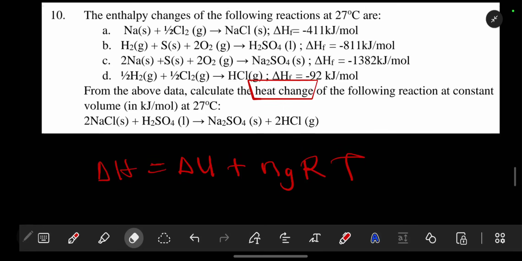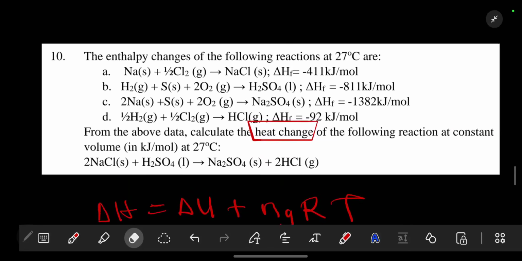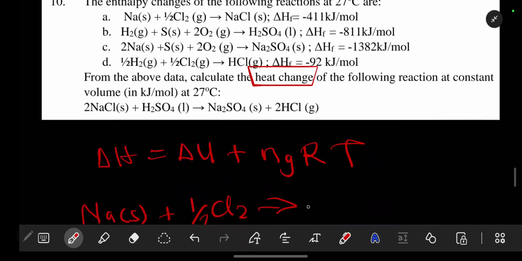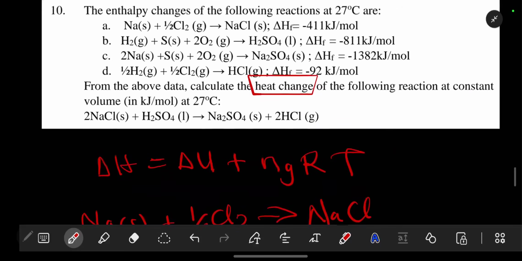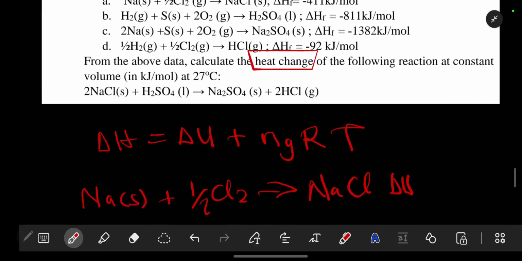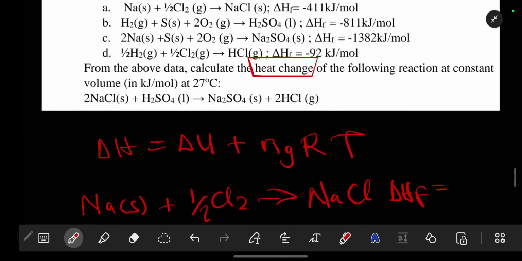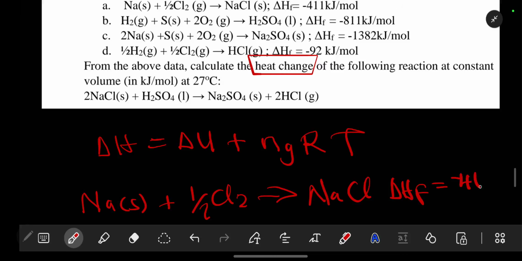So the change in enthalpy will be equal to, we have our Na plus our half Cl2 to be able to produce this. Then we have our change in enthalpy of formation, according to this, negative 411 kilojoules per mole.